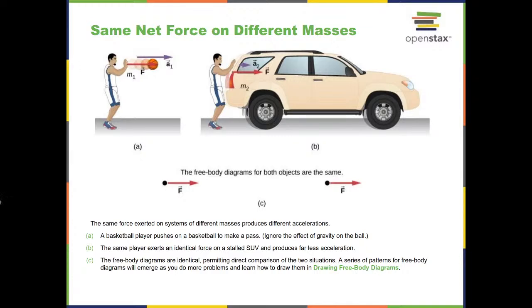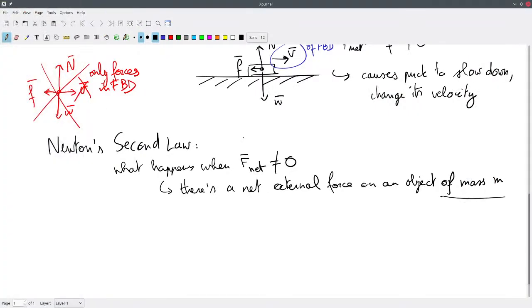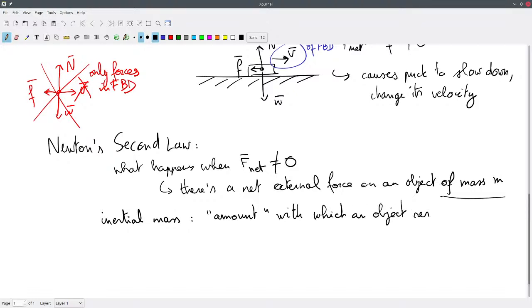So let's talk about mass and about inertia. Mass is going to be the tendency, or the quantity, and in particular inertial mass. Inertial mass is, let's call it, the amount with which an object resists changes in motion.